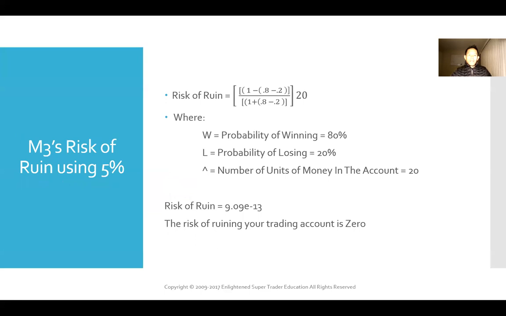Based on the actual answer itself, the risk of ruin is 9.09 to the power of negative 13, meaning 13 zeros and then 909. So the risk of ruining your trading account using the methodology, if you risk 5%, is actually 0.